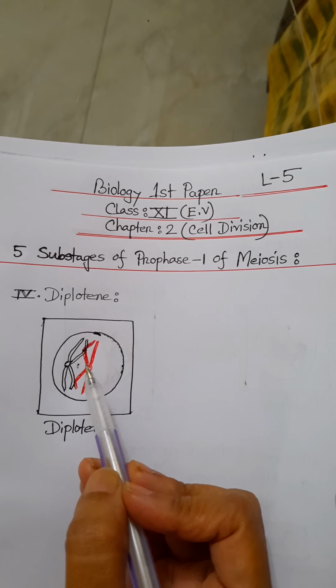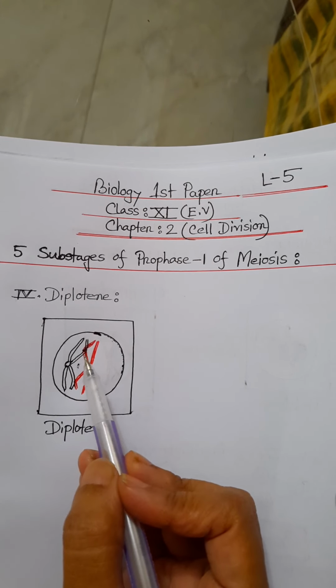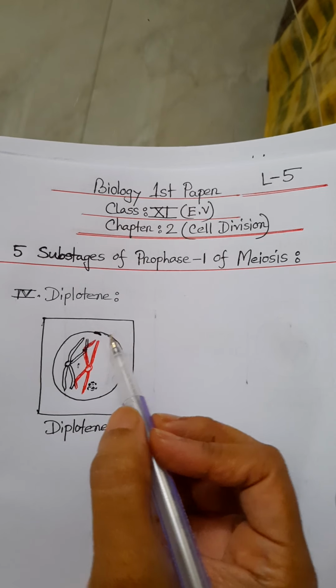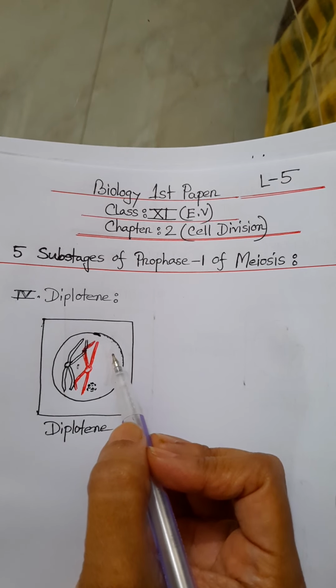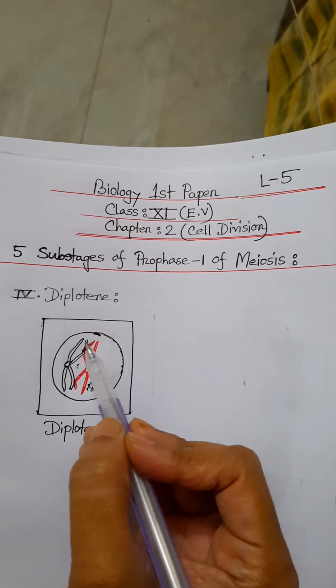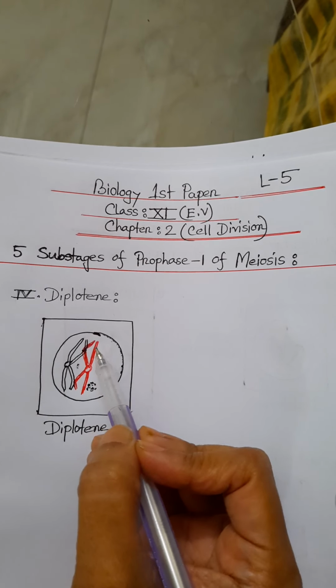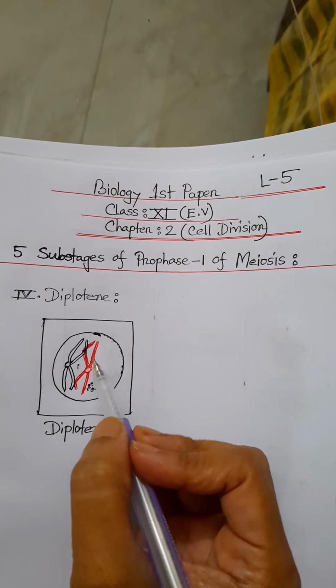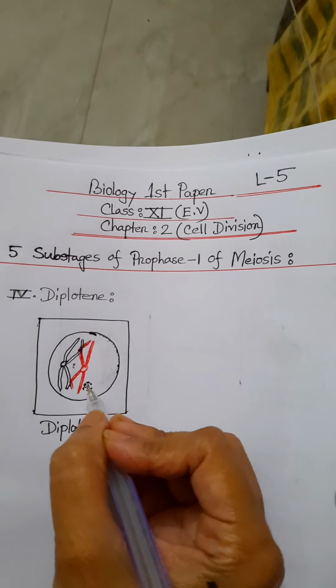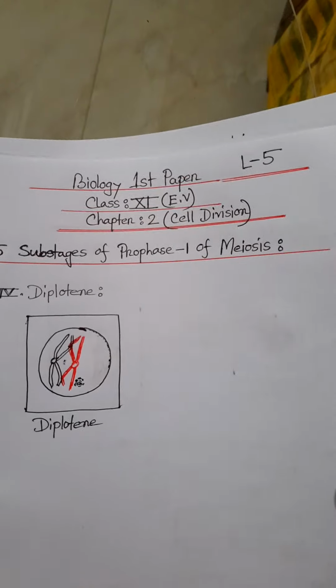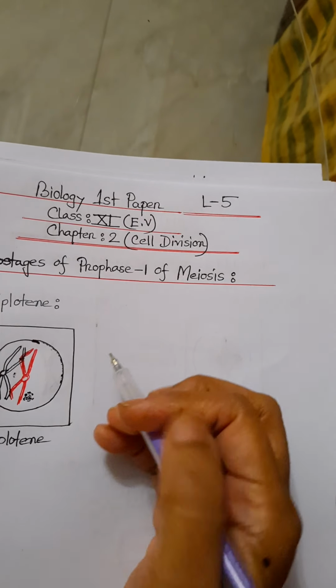This movement of chiasma towards the pole is known as terminalization. And the nucleolus disappears in the diplotene phase.